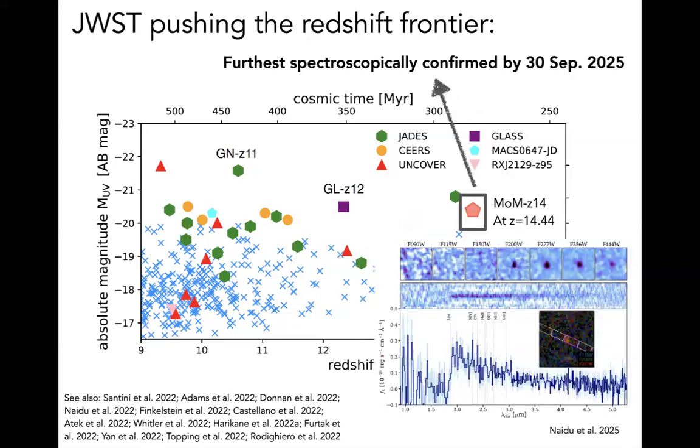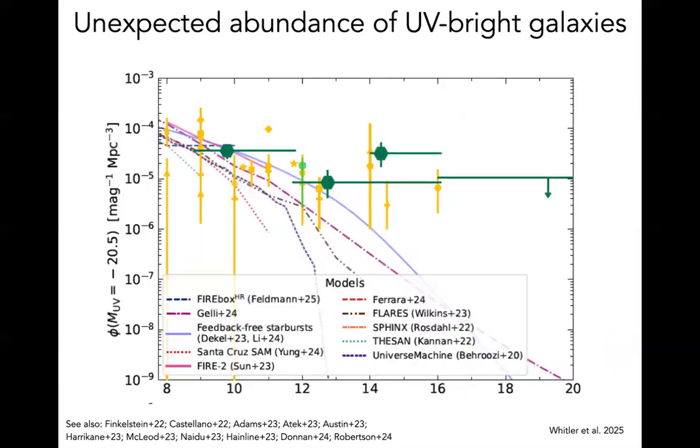This is the MoM-z14 galaxy at redshift 14.44. So now this is the record holder for the furthest galaxy in our universe that has been found with the James Webb.